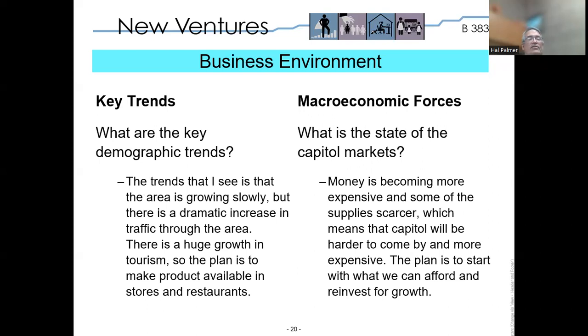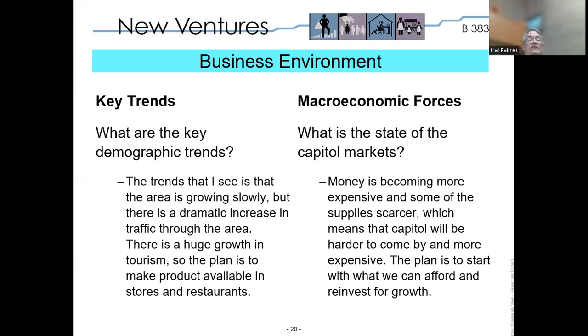Well, the trend that I see in the area is that the area is growing slowly, but there is a dramatic increase in traffic through the area. So there's a huge growth in tourism. So the plan is to make product available at stores and restaurants, to take advantage of these travelers.